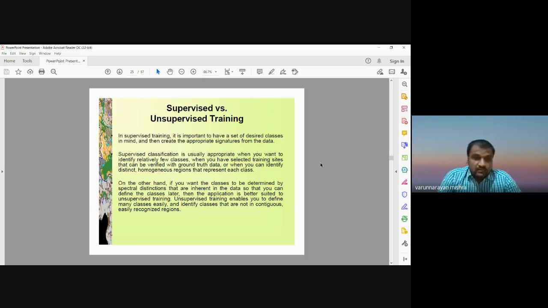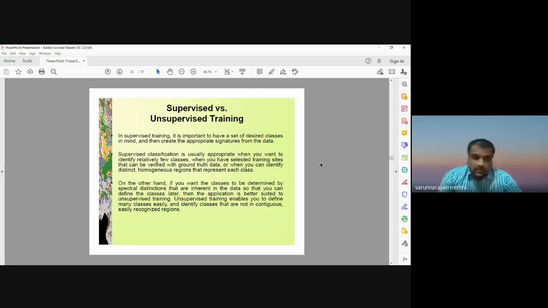On the other hand, when you are going to determine the spectral distinctions inherent in the data set, so that the classes can be defined later, the application is better suited to unsupervised training. Unsupervised training enables you to define many classes easily, and it can be used to identify classes that are not in a continuous and easily recognized region. In unsupervised classification, you don't need to assign the classes prior to the classification.